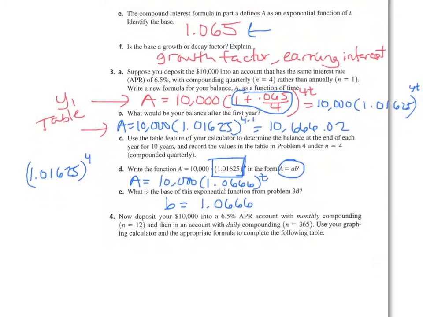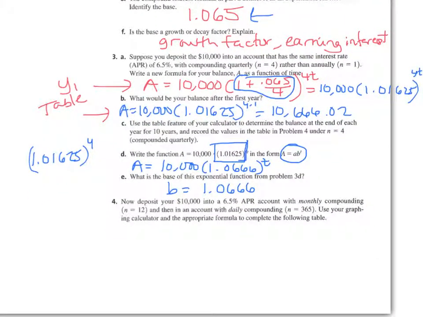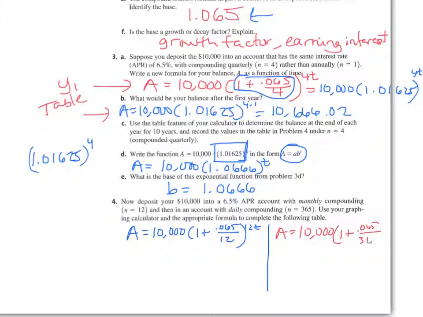Now let's say we deposit our $10,000 with monthly compounding and then with daily compounding. I'm going to separate this into 2 separate videos, but let's just go through it. If I did it monthly, I would have 10,000 times 1 plus 0.065 over 12 to the 12t, versus daily, where I'm getting it every single day.